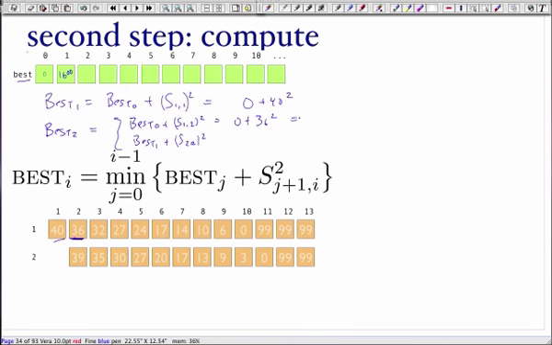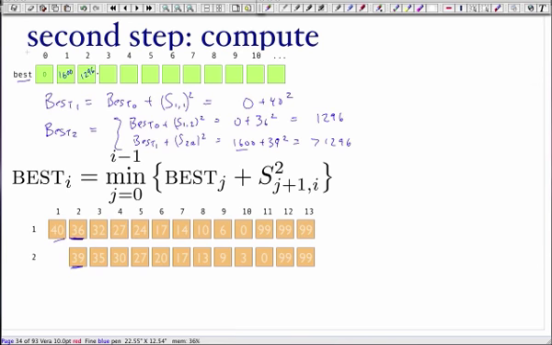Okay? And that's going to be 1296. Or this bottom line is going to be best 1, which we've already computed, 1600 plus s of 2, 2 squared, 39 squared. Okay? And that is going to be a large number, because we already have 1600 in. So that means best 2 is 1296.